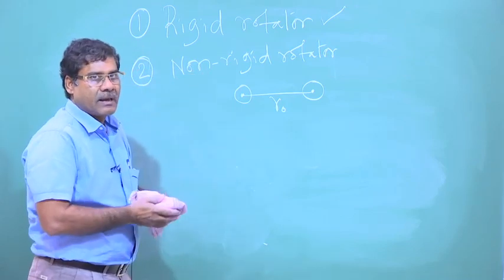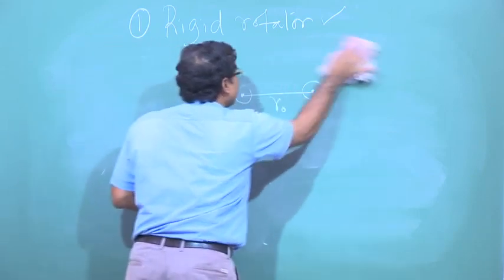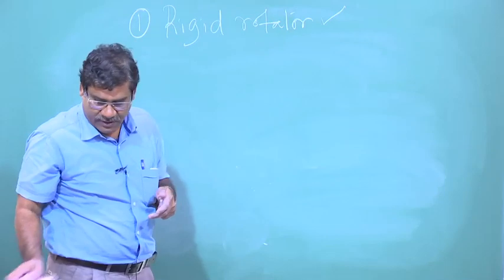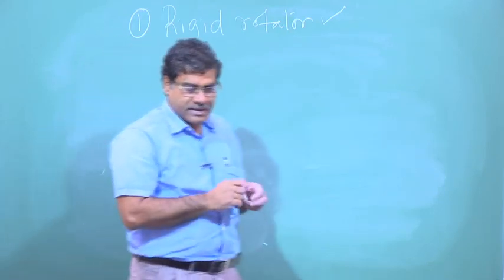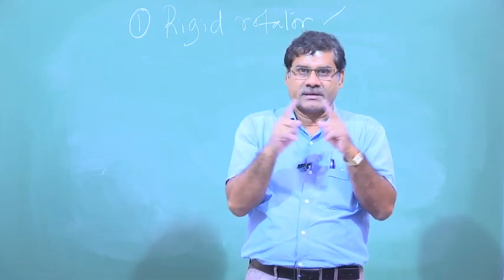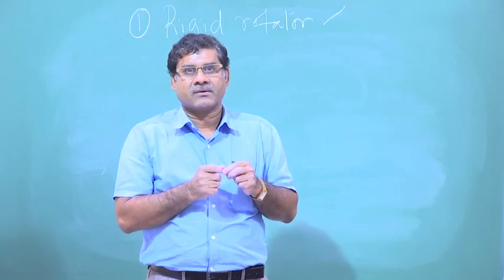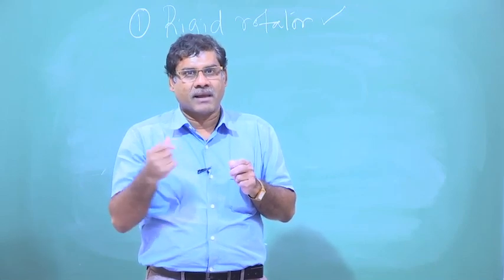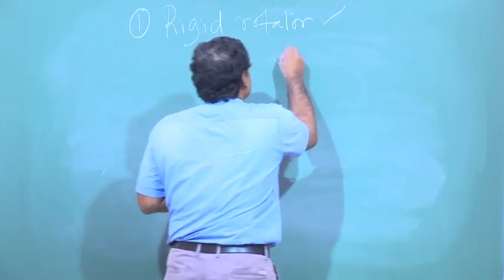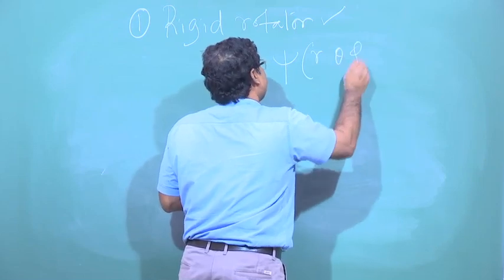So, what will be the additional effect we will see, that we will discuss later on. So, now let us take it as a rigid rotator. So, when it is rigid rotator, basically this length r0 will not change, right. In case of hydrogen atom, r was variable, and theta, phi. So, this wave function psi is basically a function of r, theta, phi.